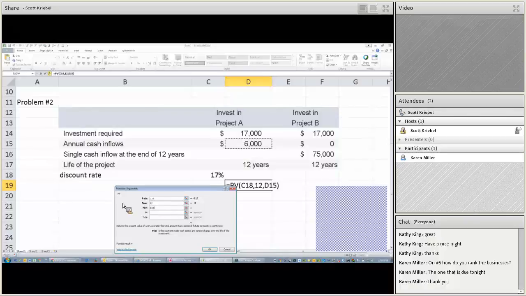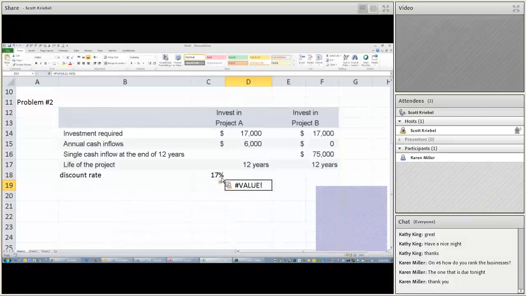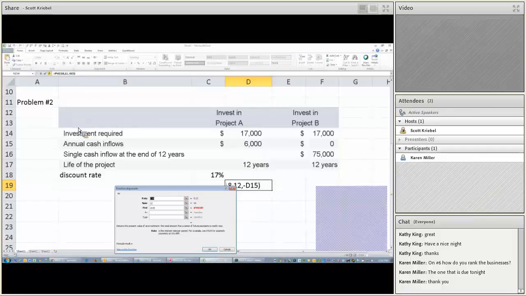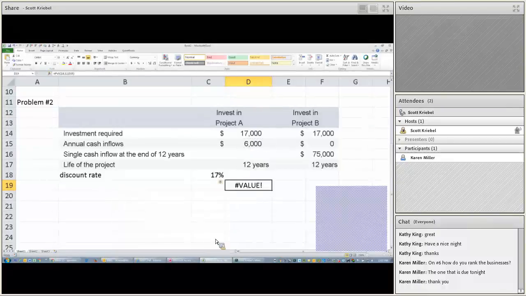Okay, and we'll go ahead and make that negative so we can show the positive discounted cash flow. So what did I miss here? I missed something. Doesn't like that. That's not a real number. That's the problem. So let's put negative 6,000.